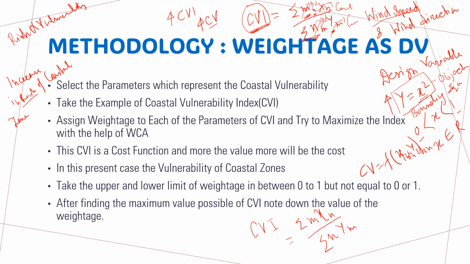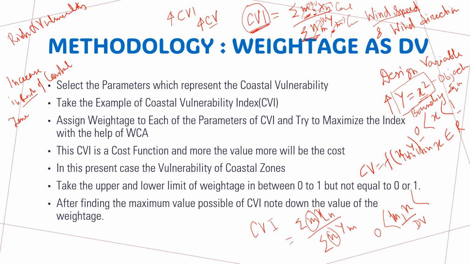X_N and Y_M are constant. Where M and N can vary, both of them are indicating the significance term or weightage of significance, whatever way you may say. So these M and N are varying, and they are the design variables.